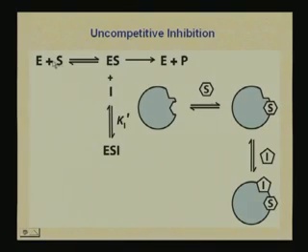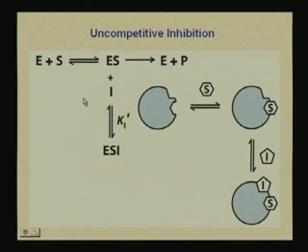So, we have E plus S going to the ES complex, which can add the inhibitor to it, forming this ternary complex again, and the ES can dissociate into the E plus the P. So, this is our enzyme, this is our substrate that sits here, and the enzyme substrate inhibitor ternary complex looks like this. But again, it is the enzyme substrate that is going to form the product.